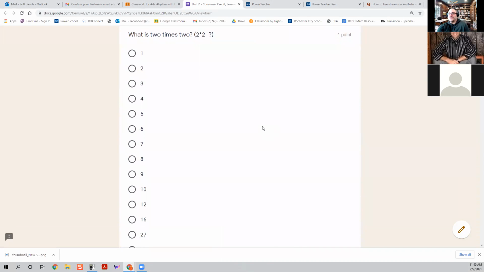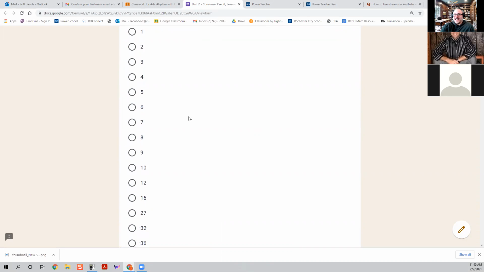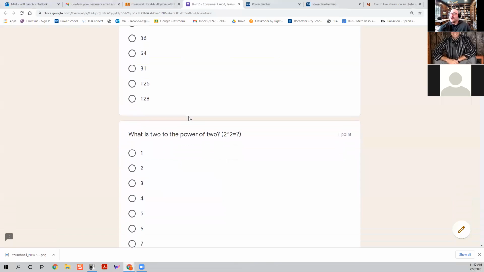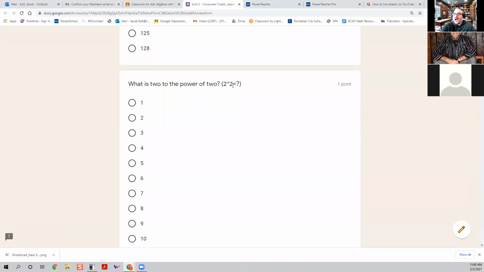All right. So I know you guys know these. What is this expression here? 2 times 2. What do we got? 4. It's not a trick question, right? They're going to get slightly harder as we go. What is 2 to the power of 2, though? What does 2 to the power of 2 mean?